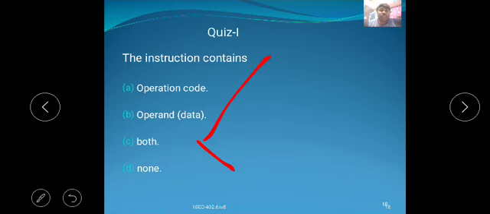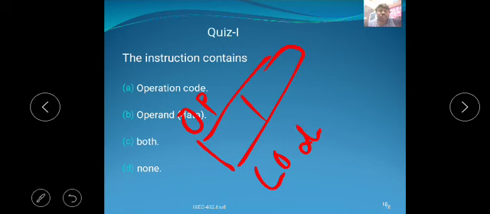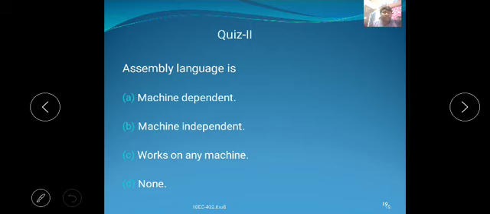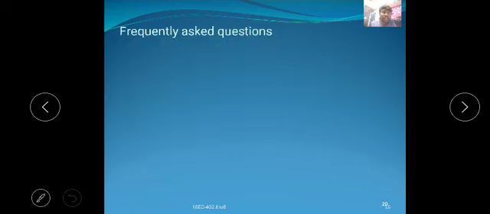The option is both. Second question: assembly language is dash. Option A, machine dependent; option B, machine independent; works on any machine, none. The assembly language is a machine dependent language.